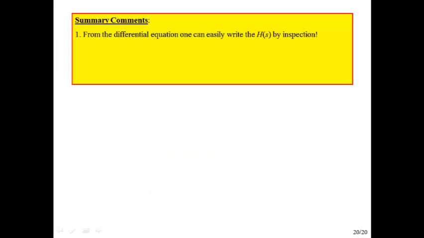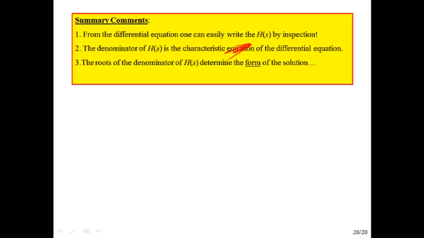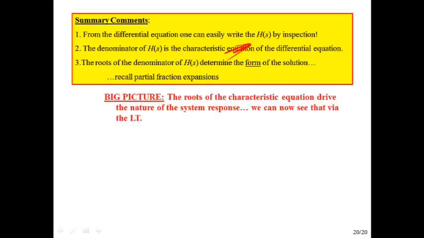So just summarizing here what we've seen, from the differential equation we can easily write the transfer function by inspection. The denominator of that transfer function is the characteristic polynomial of the differential equation, and the roots of that denominator tell us the basic characteristics of the solution, whether it's going to be oscillatory, whether it's going to decay or not, and that comes from the stability or non-stability of the system.